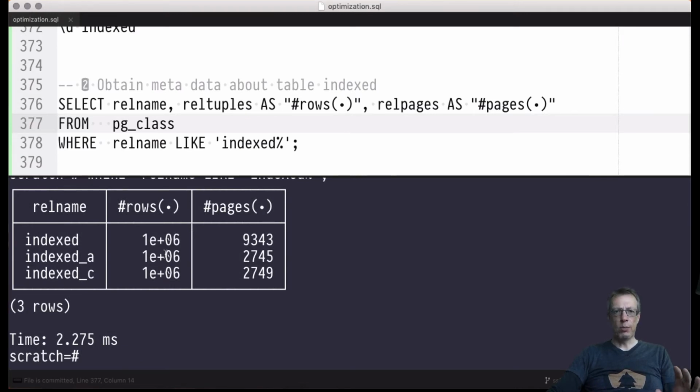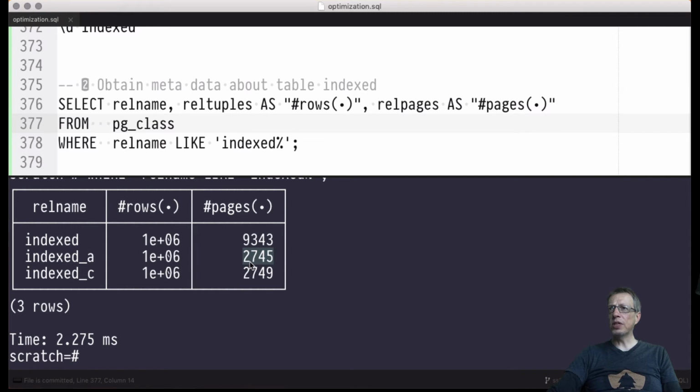Because we are talking about dense indices here, in which each row of the underlying table is reflected in the index, they will also have 1 million rows in their index leaf level. The number of pages in the heap file itself is 9,343. The indices are, as we would hope, a bit smaller, maybe 1/3 of the size, maybe 1/4 of the size here.